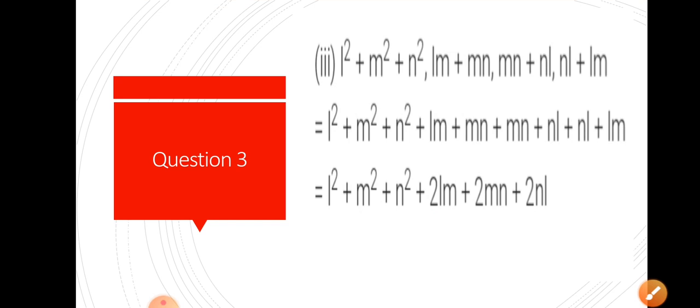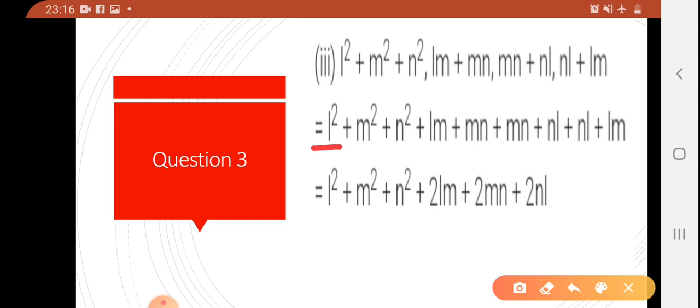Now next question, question number 3, third one: L² + M² + N², LM + MN, plus MN plus NL, NL plus LM. Again we will write all the terms. Next we will write M², no other M² is there.